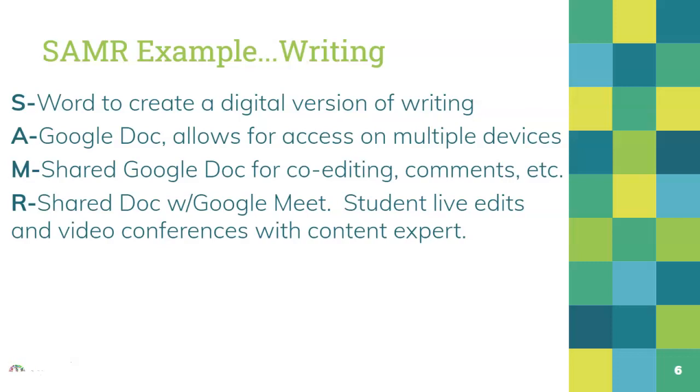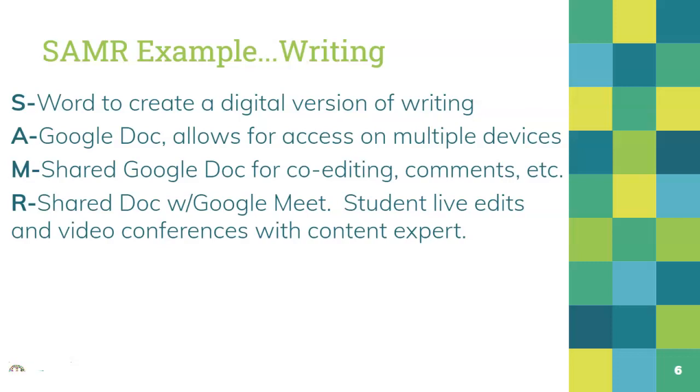The A, the augmentation, is when we take that Word document and use a Google Doc, which allows us to access that document from multiple devices. I could have it on my laptop, my Chromebook, my iPad, my phone. I now have access to that document anywhere in the world. So technology has changed that from a direct substitution.